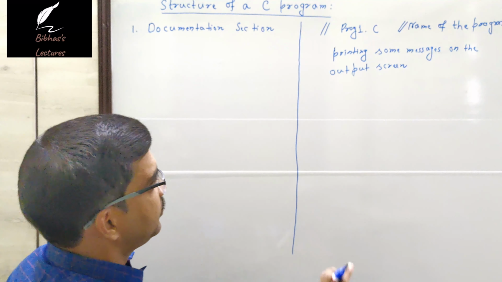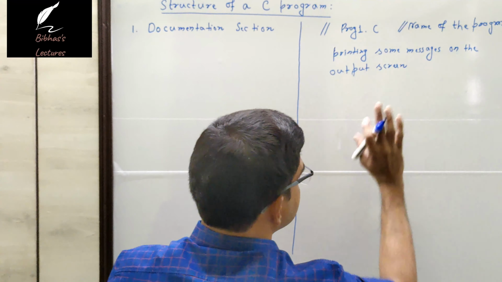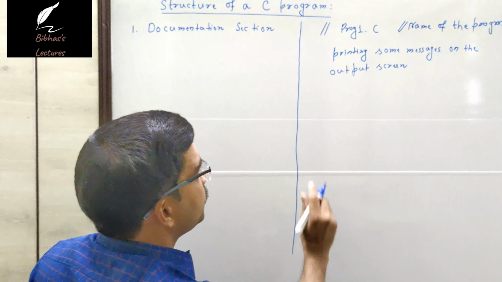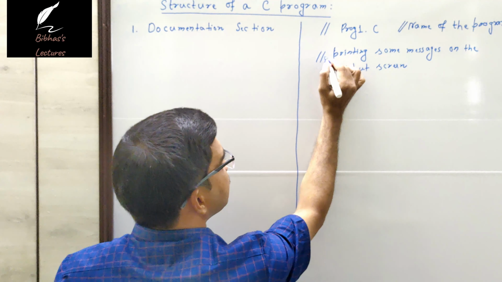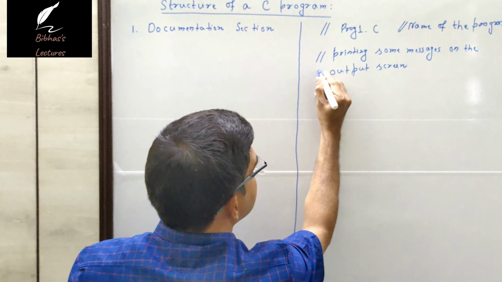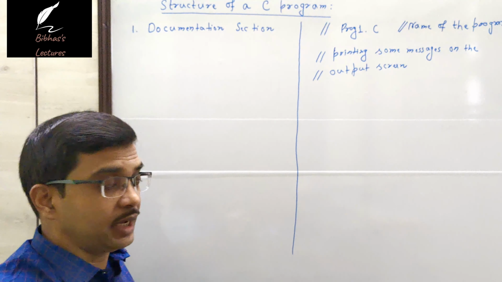Here you can easily understand that I am writing these things in a simple English sentence. Now you can comment this line using a single line comment. That means you can use this, so this line will be commented. Now you are also making the second line a comment line.